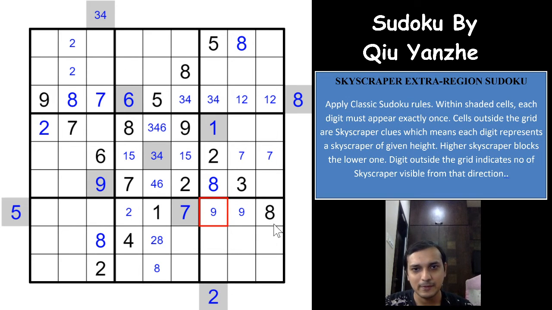Great. And 6 also cannot be in these 2 cells, because 6 is already here. 6 cannot be here as well in these 2 cells also, because 6, 7 and 9, 8 is already done, and one more cell, that is 4 cells only will be seen if you have a maximum of 6 here, which means 6 can be eliminated from here and here as well, and 6 has to be in these 2 cells, right?